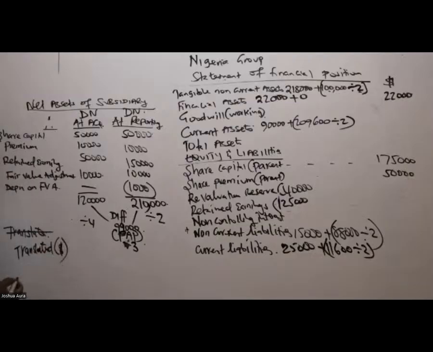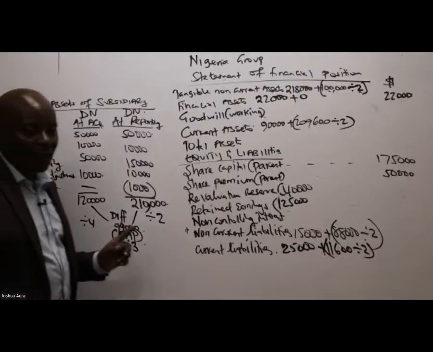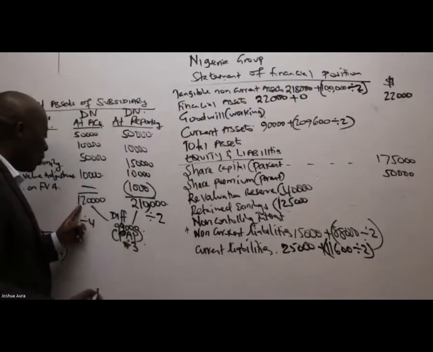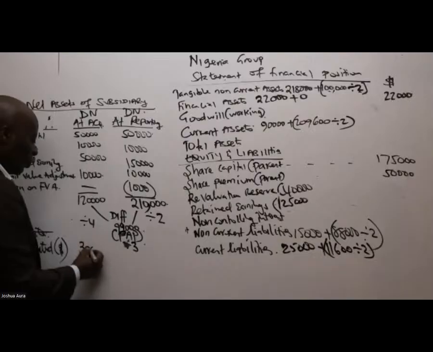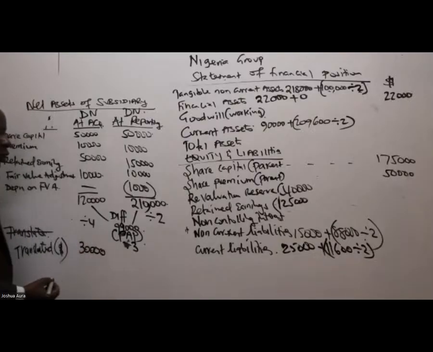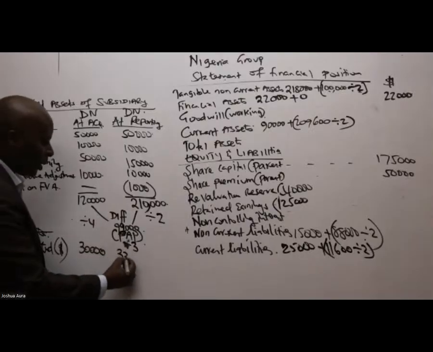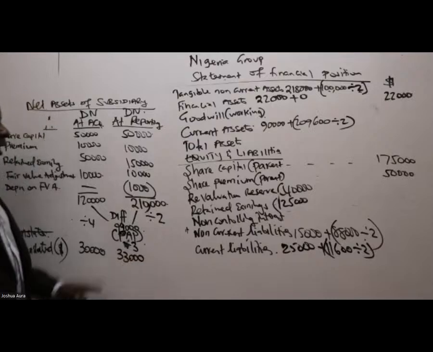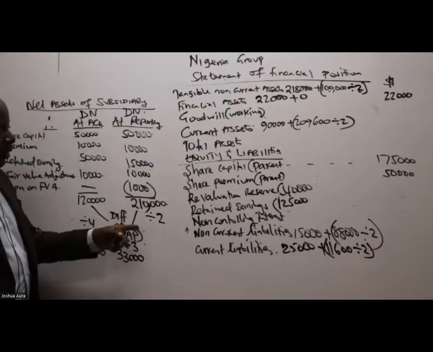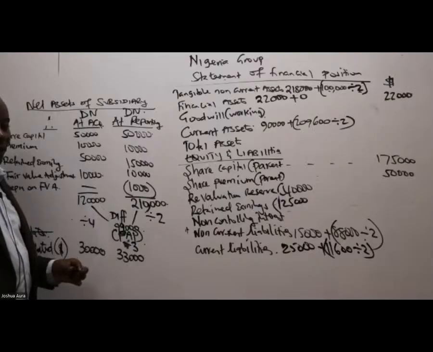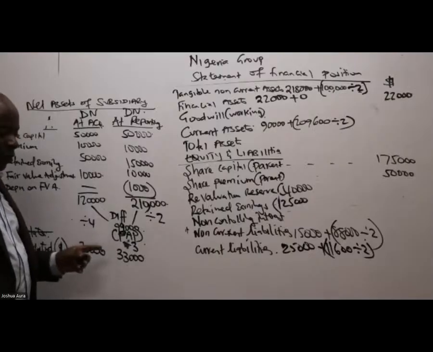So what is 120 divided by 4? Somebody is giving me a figure of 30,000. Thank you very much. And then now we have 99,000 divided by 3. That is 33,000. And then we have the last one, which is 219,000 divided by 2.